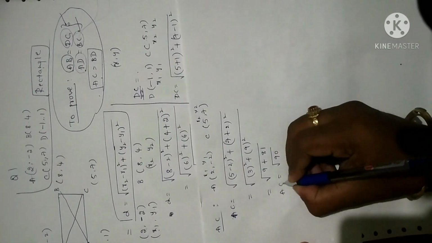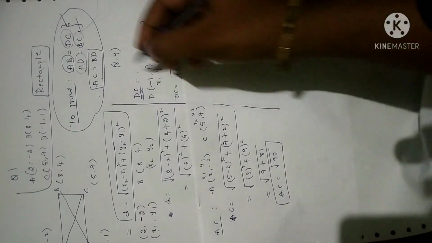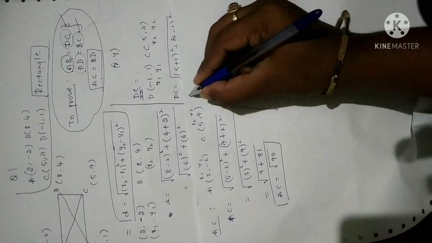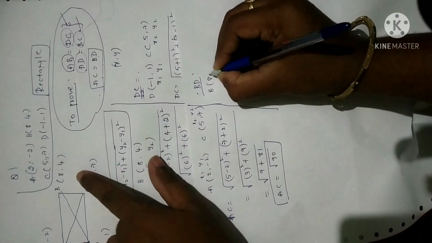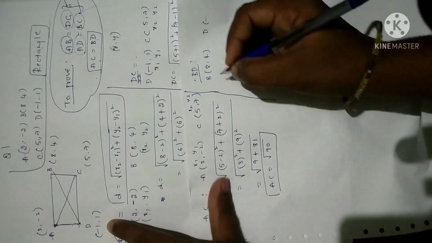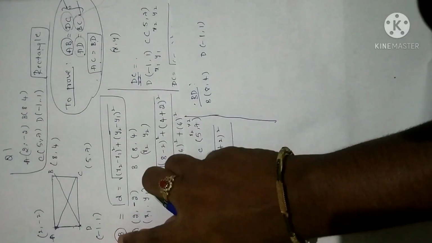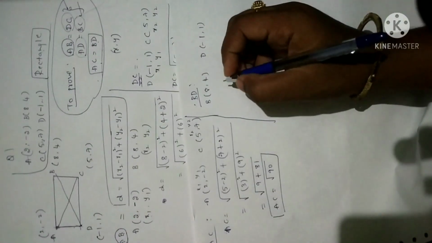So length of AC is square root of 90. Next what we have to find is length of BD. B coordinate is 8, 4. D coordinate is minus 1, 1. See here it is. D coordinate is minus 1, 1. B coordinate is 8, 4.